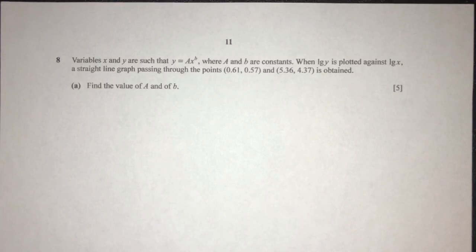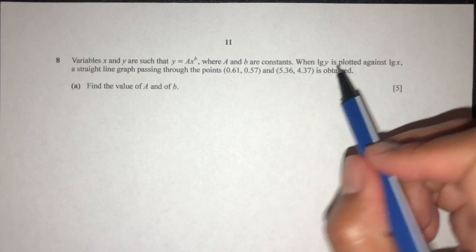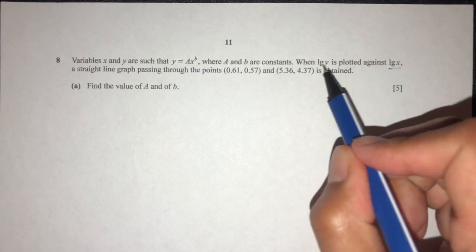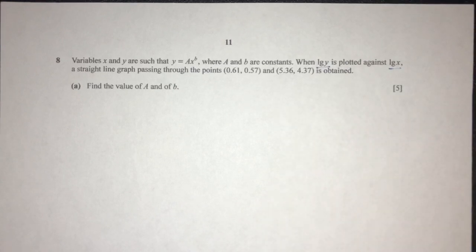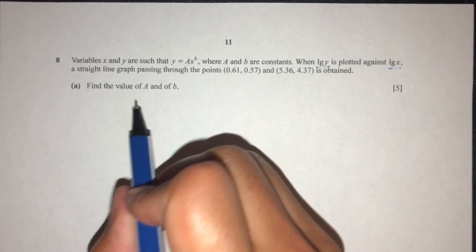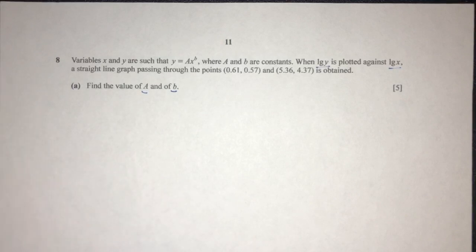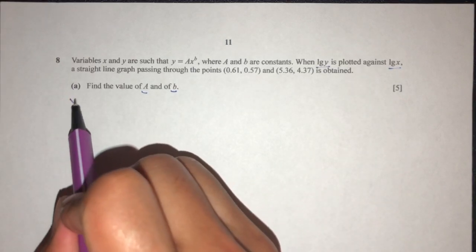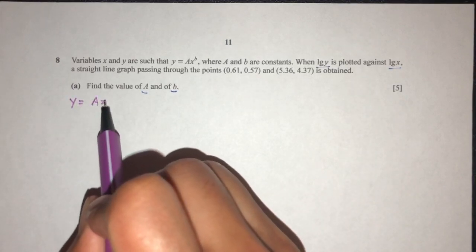The variables x and y are such that y equals a x power b, where a and b are constants to be found. Now when log of y is plotted against log of x, this is a linear log question. A straight line graph passing through the points. These are the passing points obtained. We have to find the values of a and b. So step by step, we have y equals a x power b.